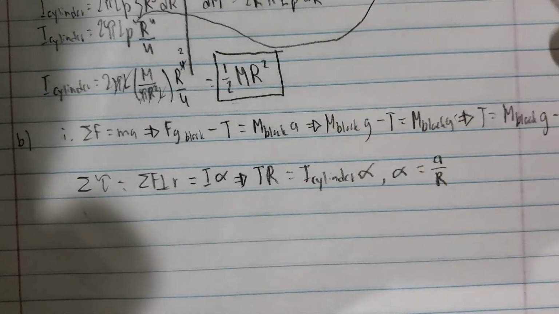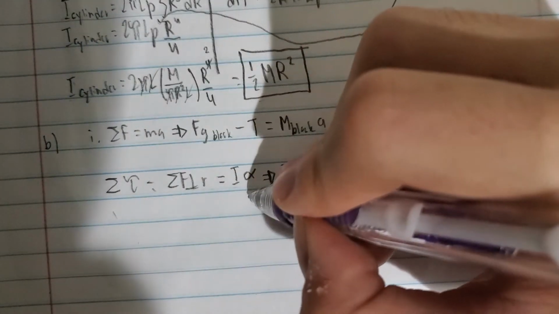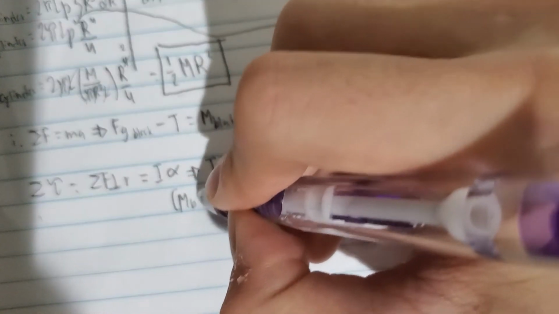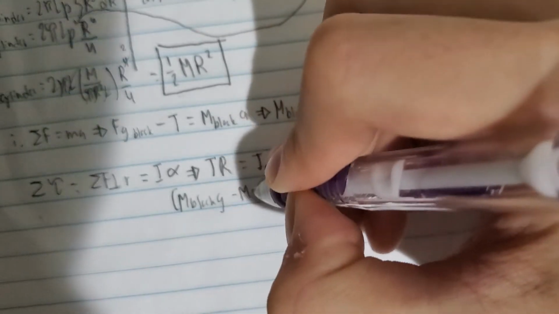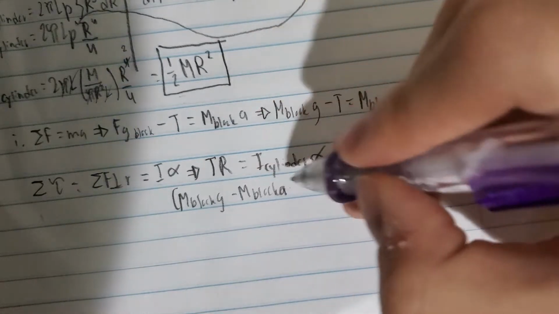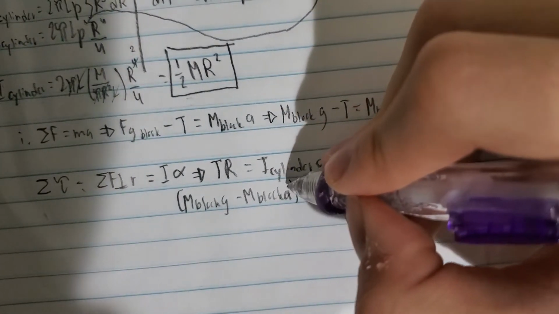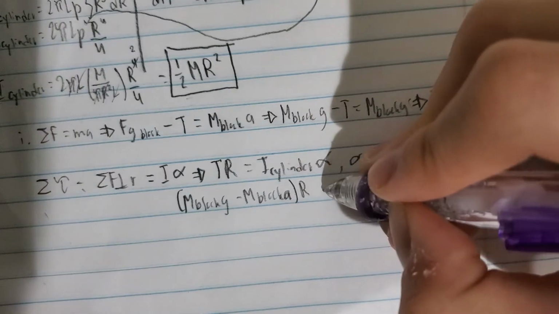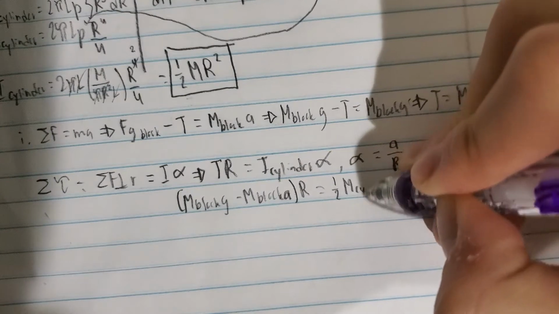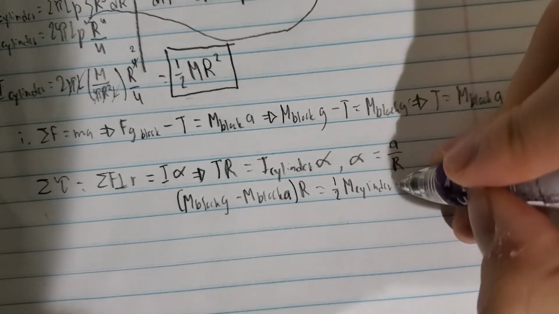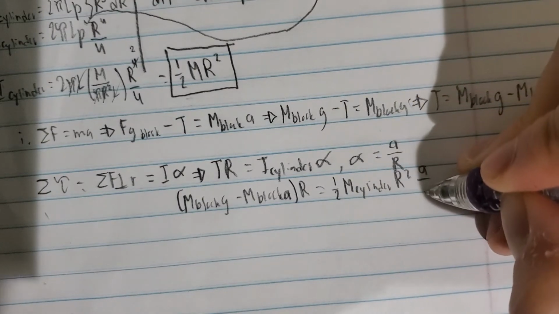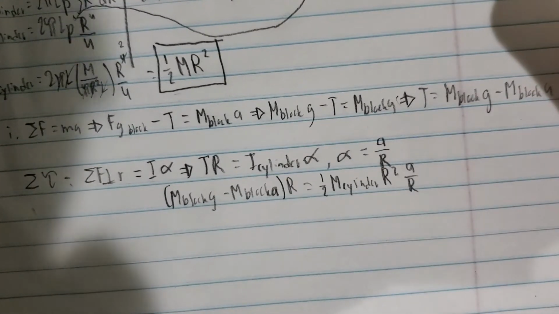So here goes a bunch of substitution. First T, I'm going to substitute this in, m block G minus m block A, times R on the outside, and that's going to equal, so I of the cylinder is 1/2 mass of cylinder times R squared, and then angular acceleration is A over R. So at this point, I can cancel out all my R's.